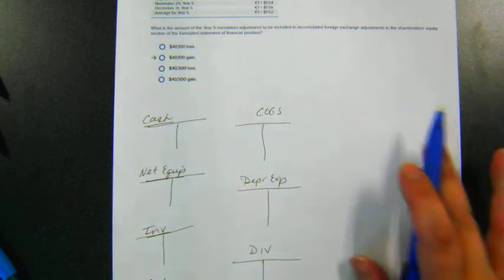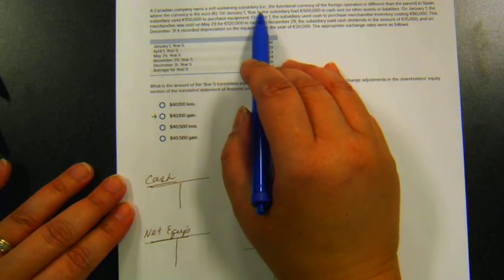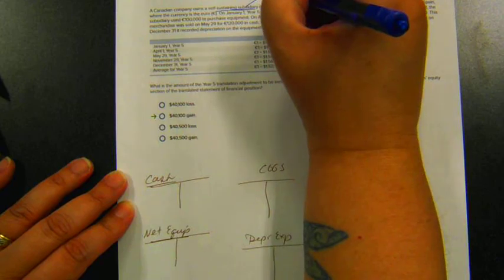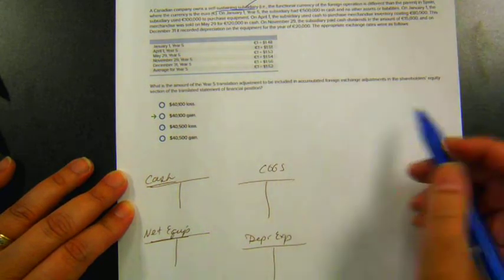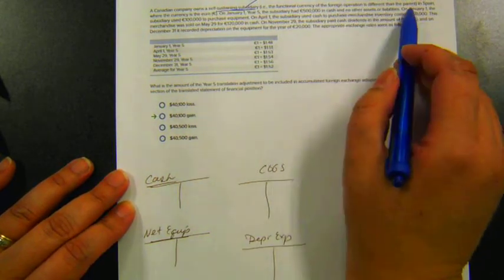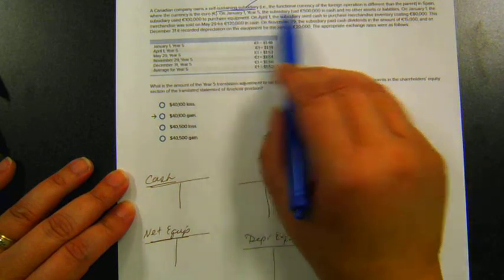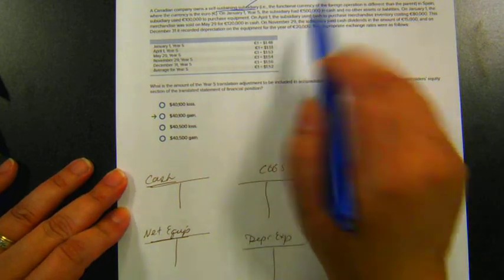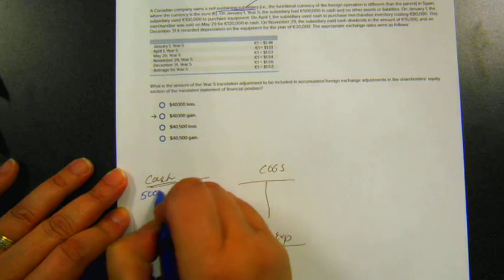Okay? So, self-sustaining subsidiary, what does that mean? What are we going to use? PCT, excellent. So, they did all this stuff. Euro. First they had 500,000 in cash, so there we go.